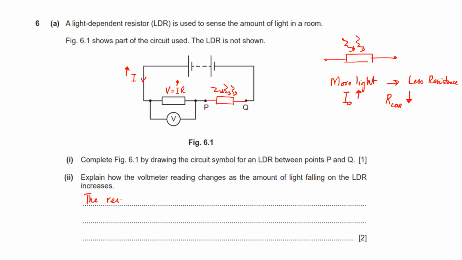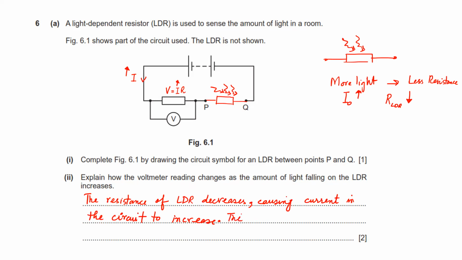Okay, so the resistance of the LDR decreases, causing the current in the circuit to increase.